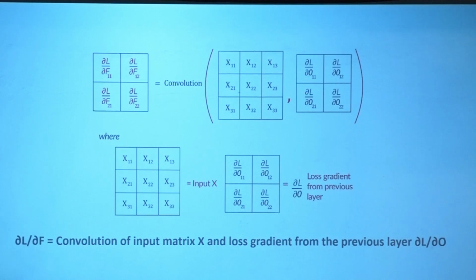The derivative of loss with respect to the filter is nothing but the convolution operation between the input and the loss derivative, the loss gradient. Is it clear? Have you understood how we got this one? Okay? Any doubts? Yeah, please.